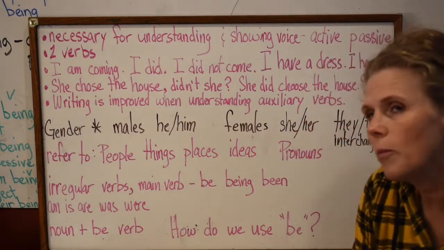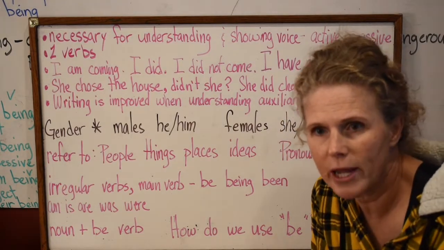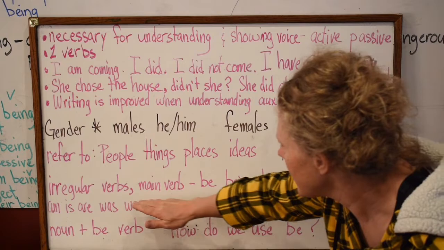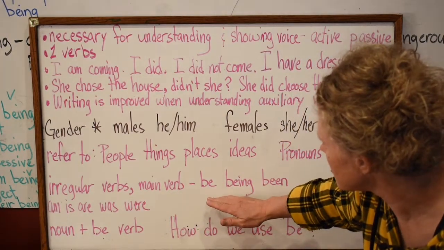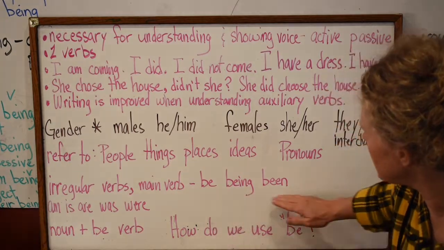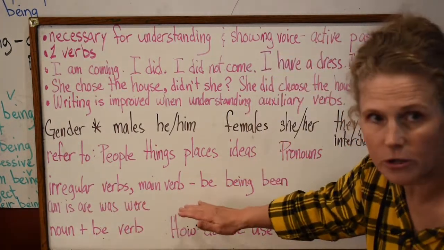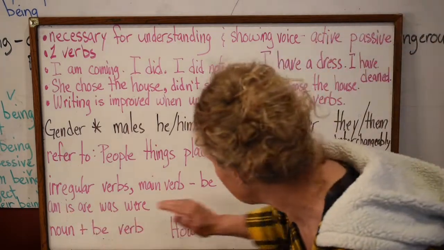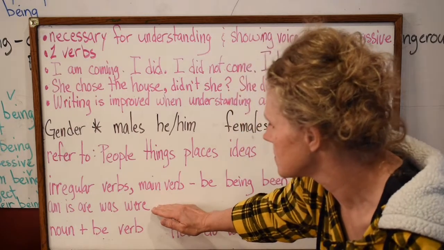Okay, so be verbs, they are considered irregular verbs. And they are considered main verbs. And these are what they are. Be, being, and been, they go together. But all of these are considered be verbs right here. Be, being, been, am, is, are, was, and were.